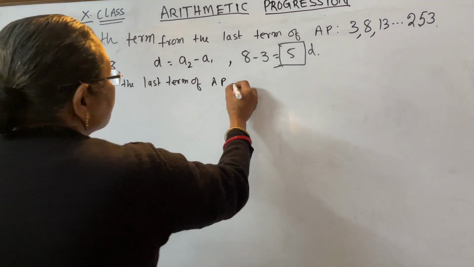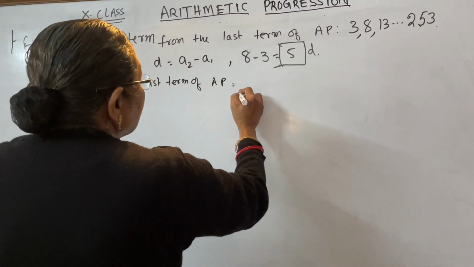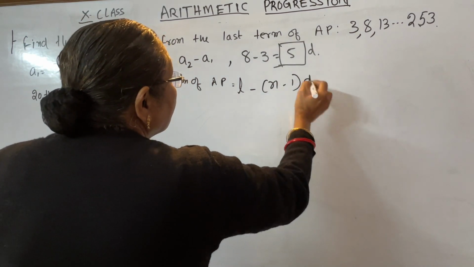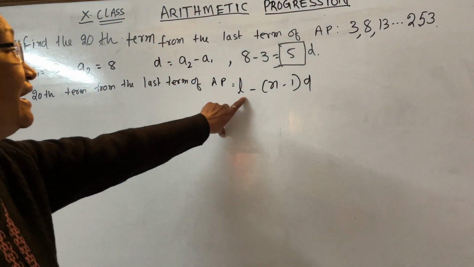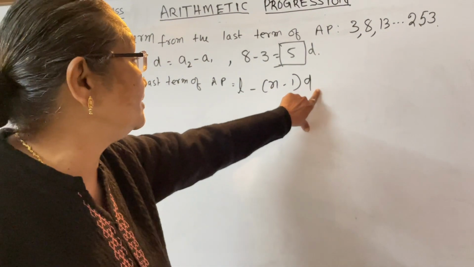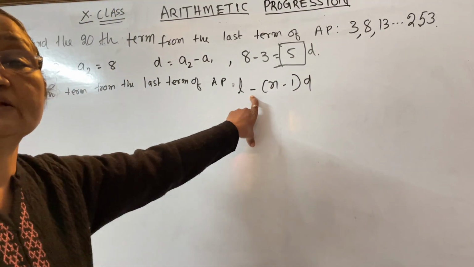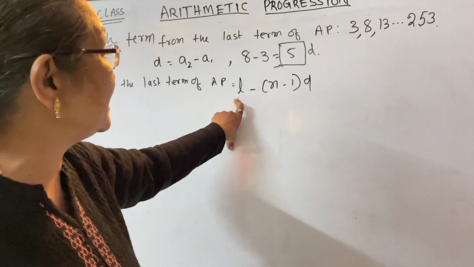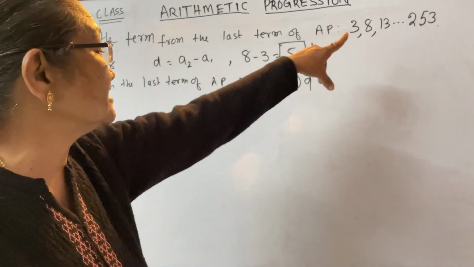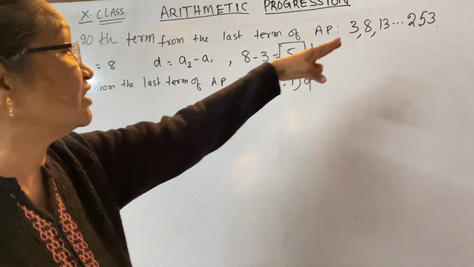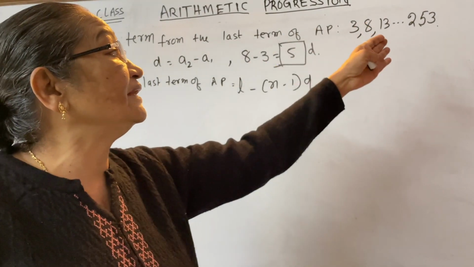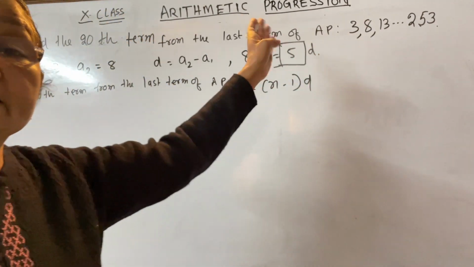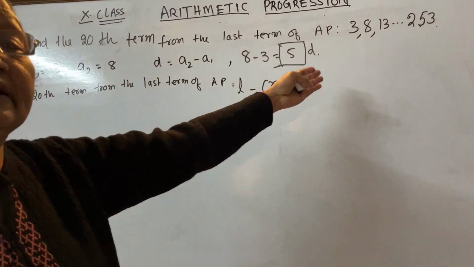The formula is n minus 1 into D. There it is A plus (n minus 1) into D. Plus के जगह में minus कर. Only that is the difference. Instead of plus you will write minus. If it is A, you will write plus; if it is last term, you will write minus. Because 253 before, what is there? Minus 5 you will do it. That will become 253 minus 5, whatever comes, that will be the second term.